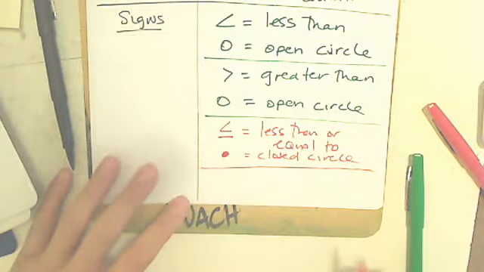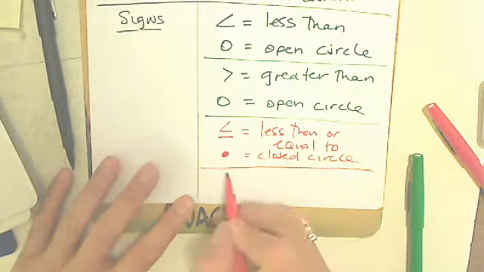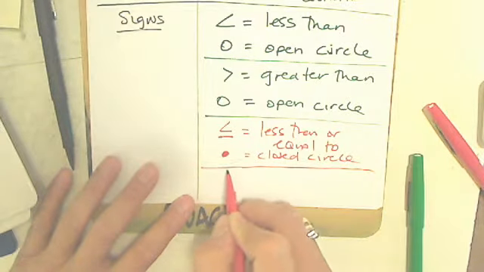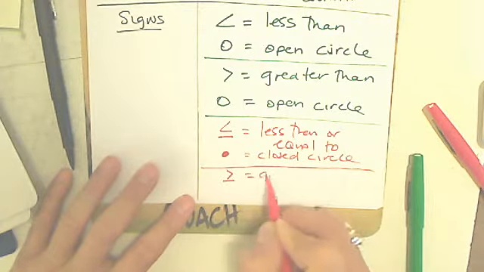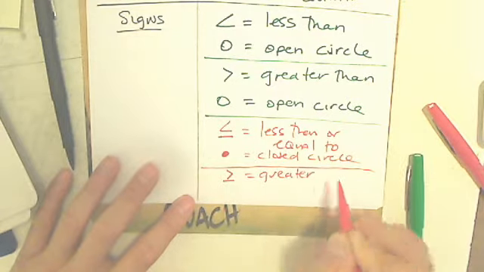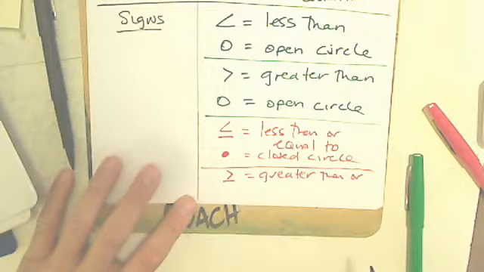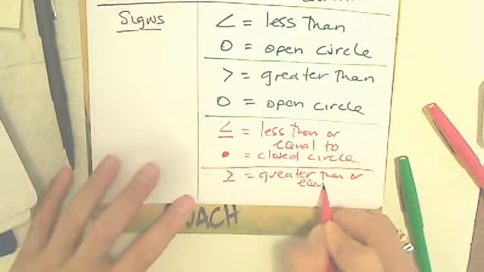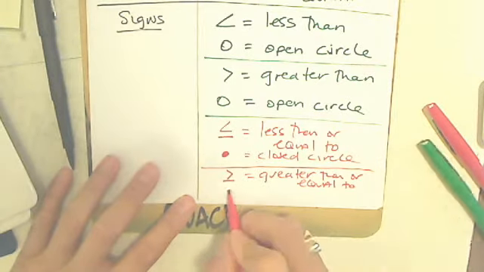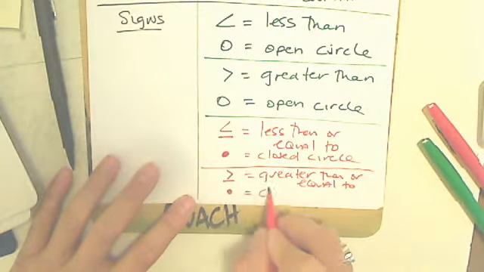And the last one, nope, there are 2 more. Greater than or equal to. You'll use these notes a lot. Greater than or equal to is also a closed circle.